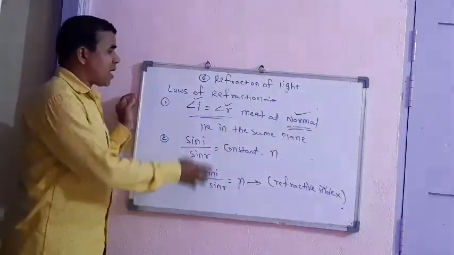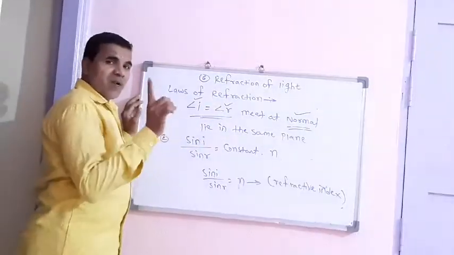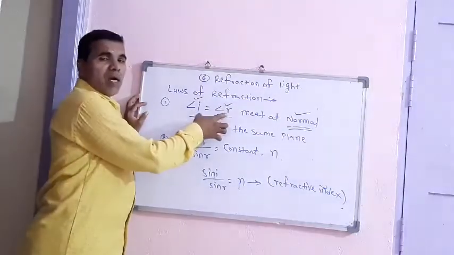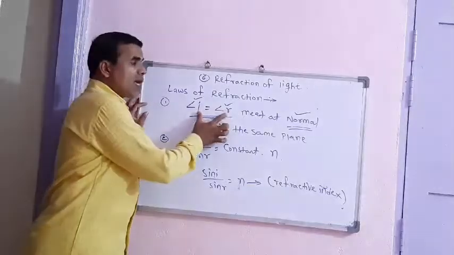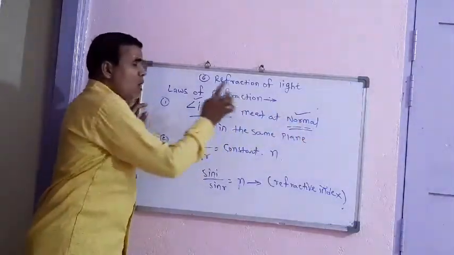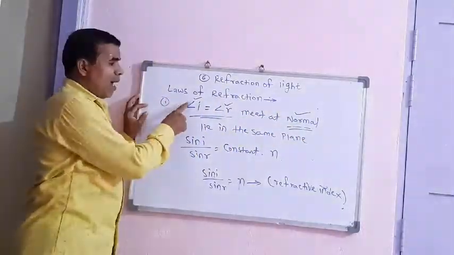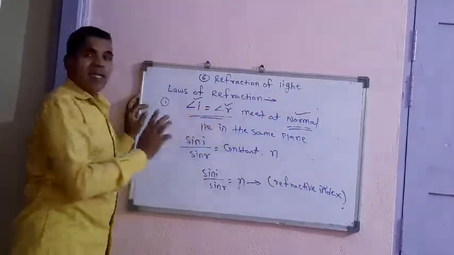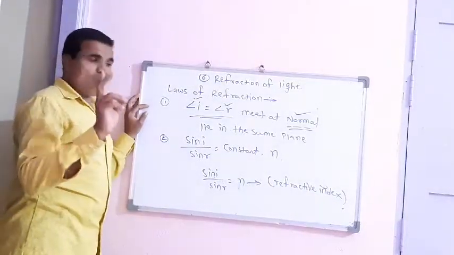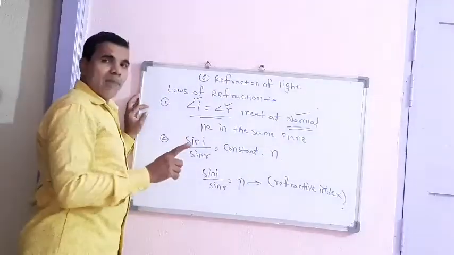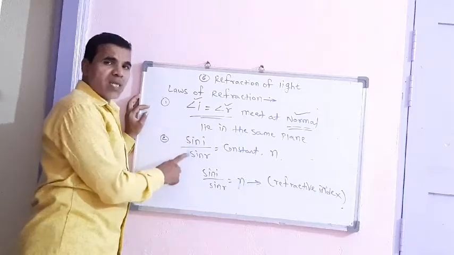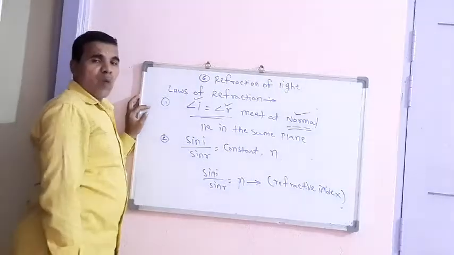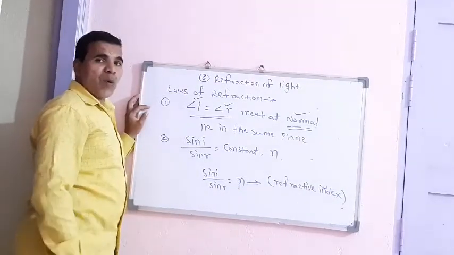In the laws of refraction, the first law is that the angle of incidence and angle of refraction are opposite to each other and meet at a normal. All three lie in the same plane. Number two, for any given media, the ratio of sin i upon sin r equals a constant, known as n, the refractive index.